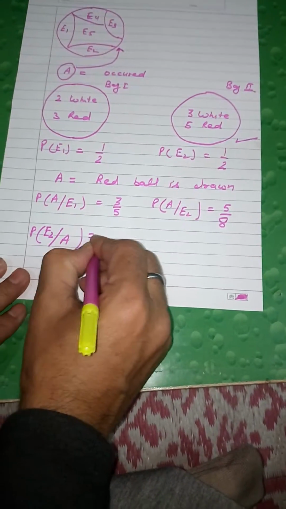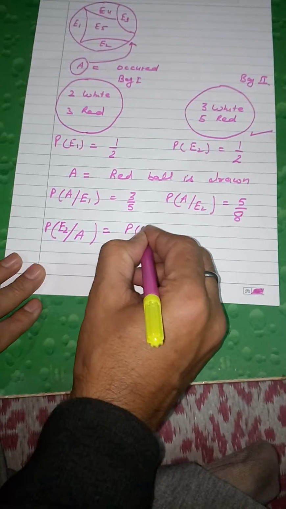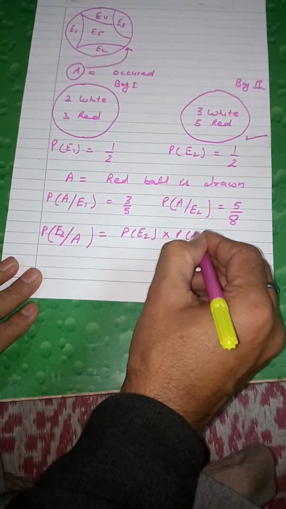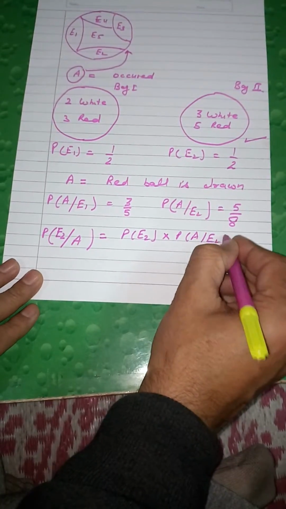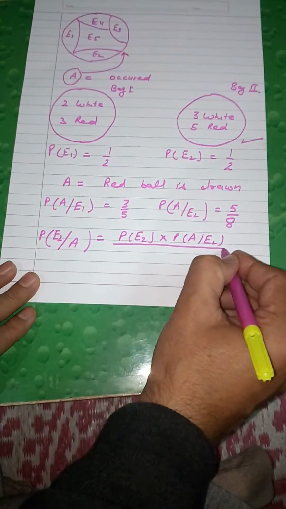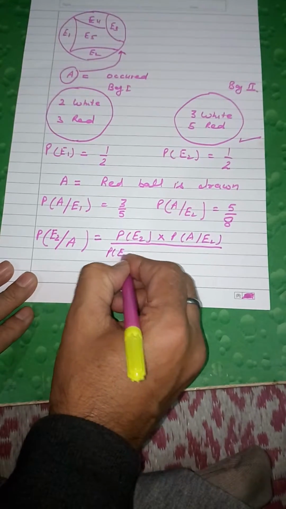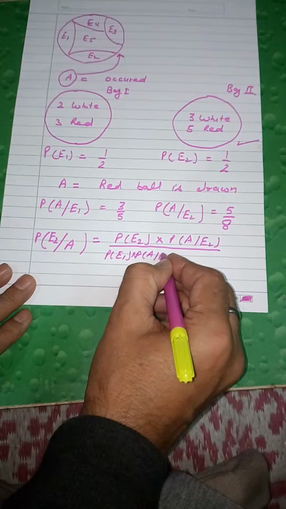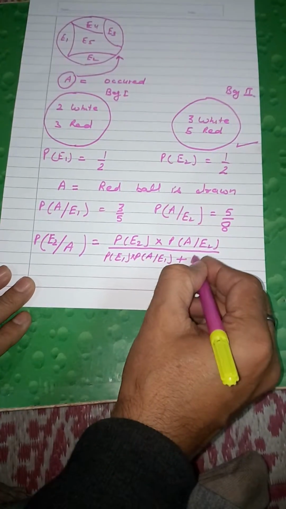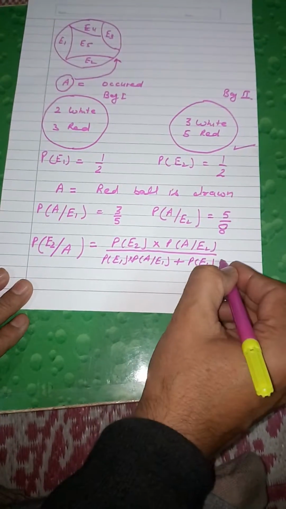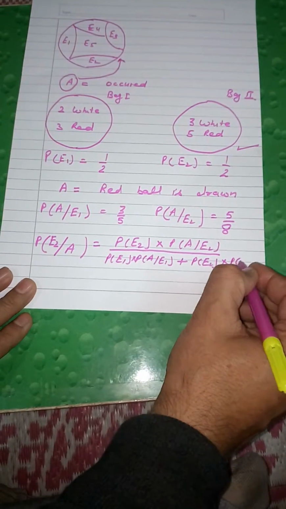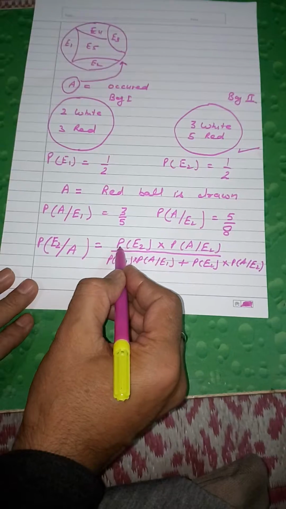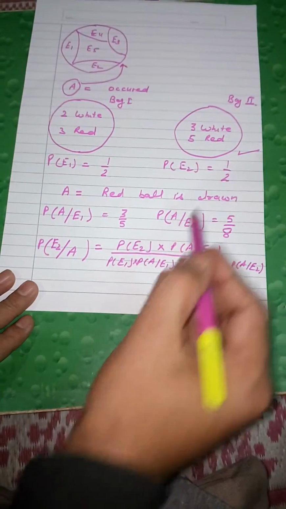So the formula according to the Bayes theorem is P(E2) multiplied by P(A|E2) upon P(E1) P(A|E1) plus P(E2) multiplied by P(A|E2). So you have the value P(E2), that is 1 by 2 probability.